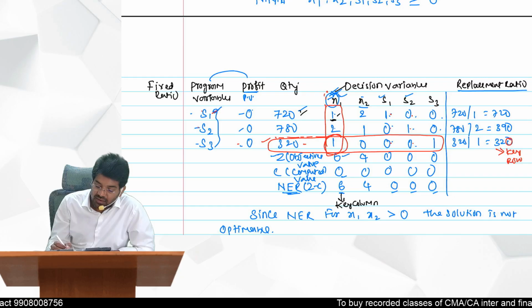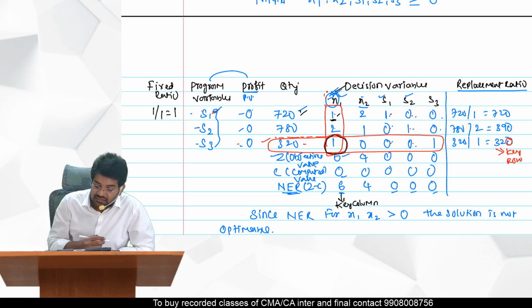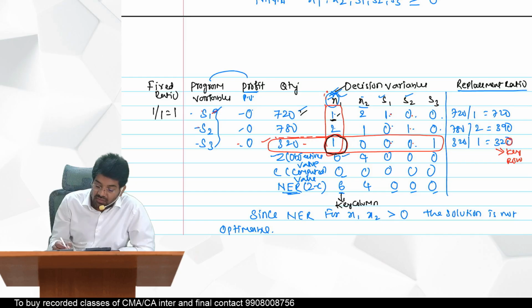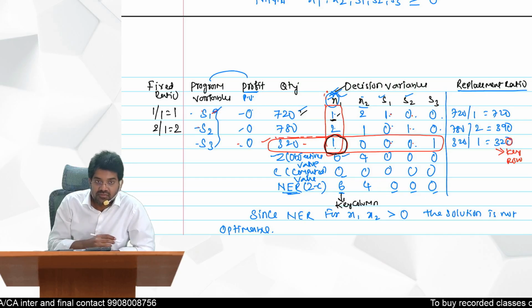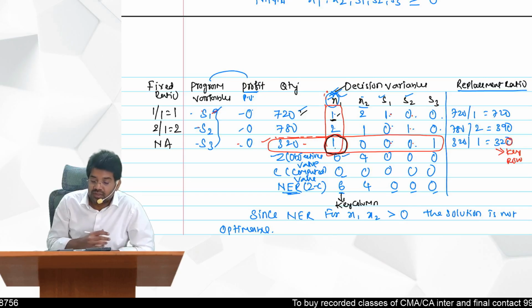The key column element here is 1. 1 divided by the pivot element, which is 1, gives 1. Next, for S2, the other non-key row, the key column element is 2. 2 divided by the pivot element 1 is 2. So this is the fixed ratio. It is not applicable for the key row. So the fixed ratio also we have calculated.